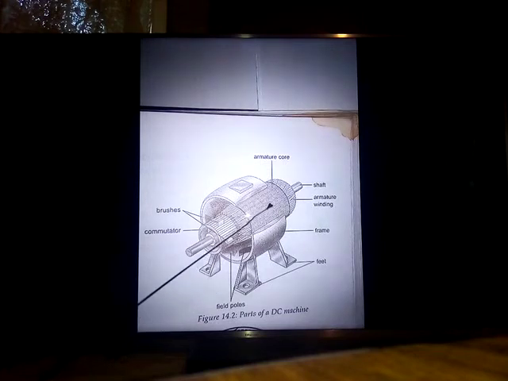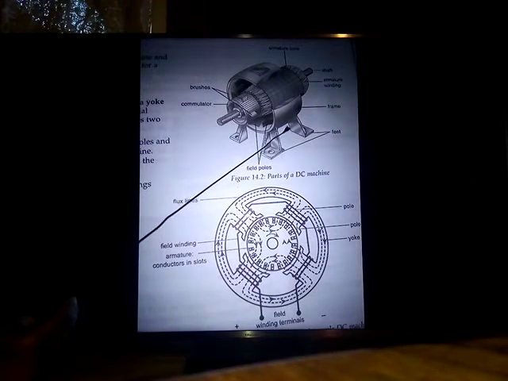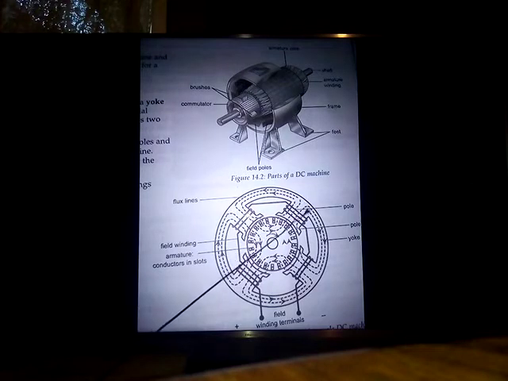The next step, inside, let's go to another slide. You'll see inside here, on the casing, this casing that you see on top here, you'll see inside that casing there are poles. We've got 1, 2, 3, 4.